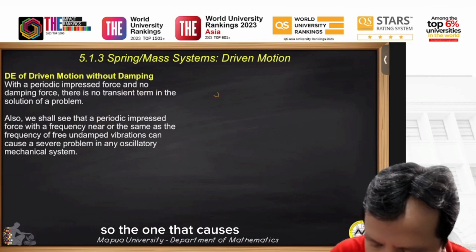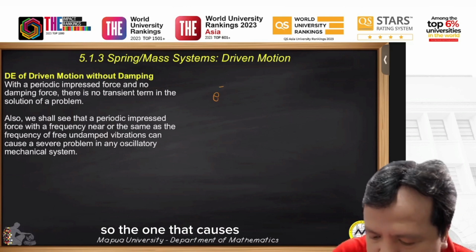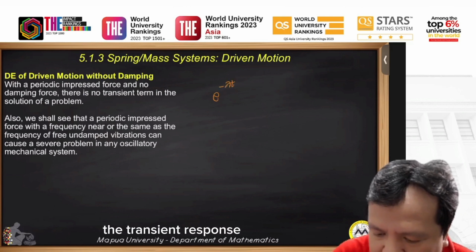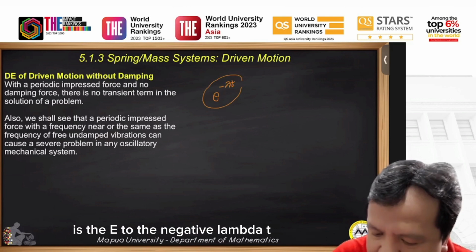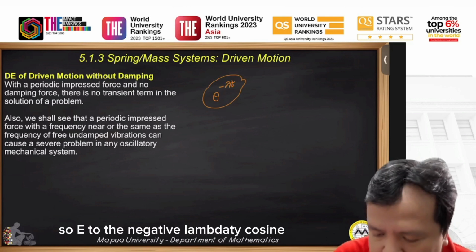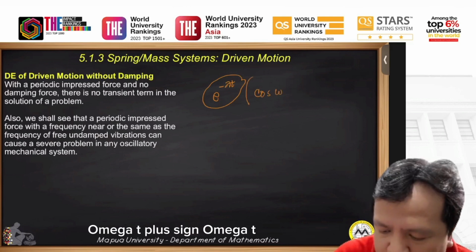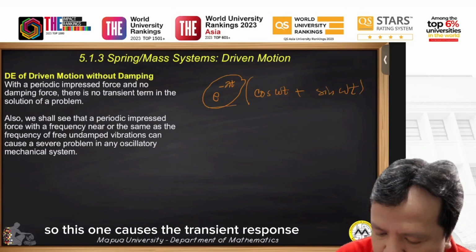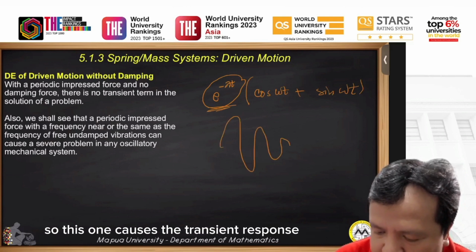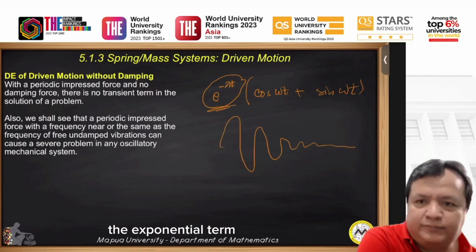The one that causes the transient response is the e to the negative lambda t times cosine omega t plus sine omega t. So this exponential term causes the transient response.